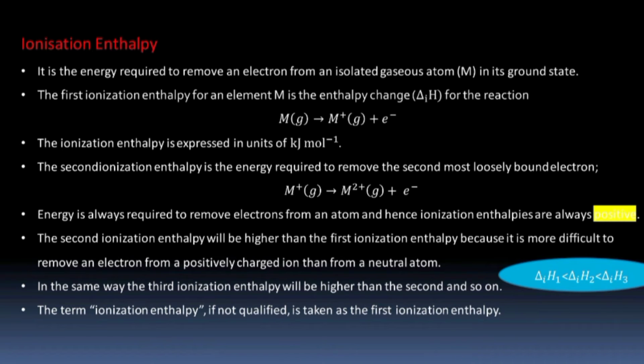For example, in case of magnesium, there are 2 outer electrons. We first eject 1 electron and a magnesium positive ion is formed, and then we eject the second electron to form magnesium 2 positive ion. The first ionization energy is called IE1, and for removal of the second electron there is a second ionization energy, IE2.